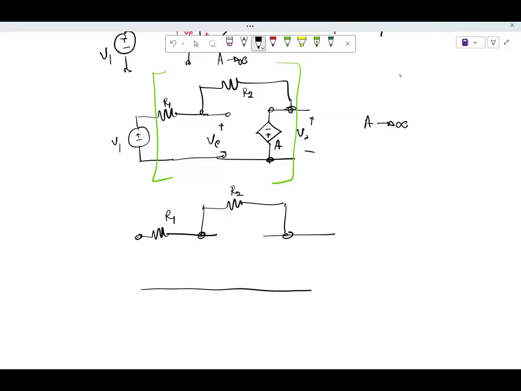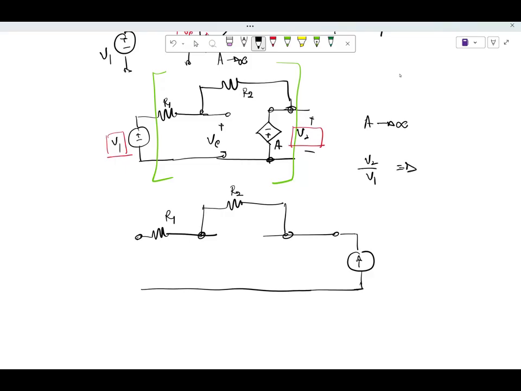Now this voltage controlled voltage source becomes a current controlled current source, right? So before doing that, what should we do? We should basically apply an excitation. Because I am applying a voltage source here and getting a voltage output, I'm getting V2 over V1.